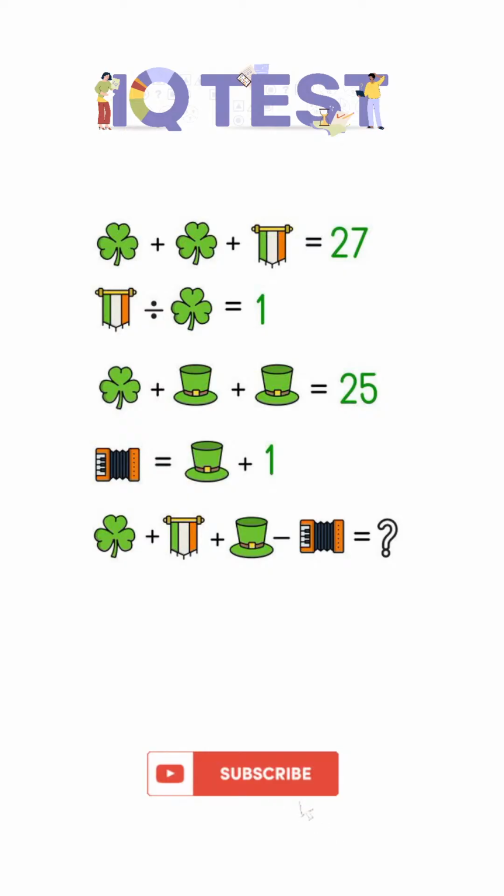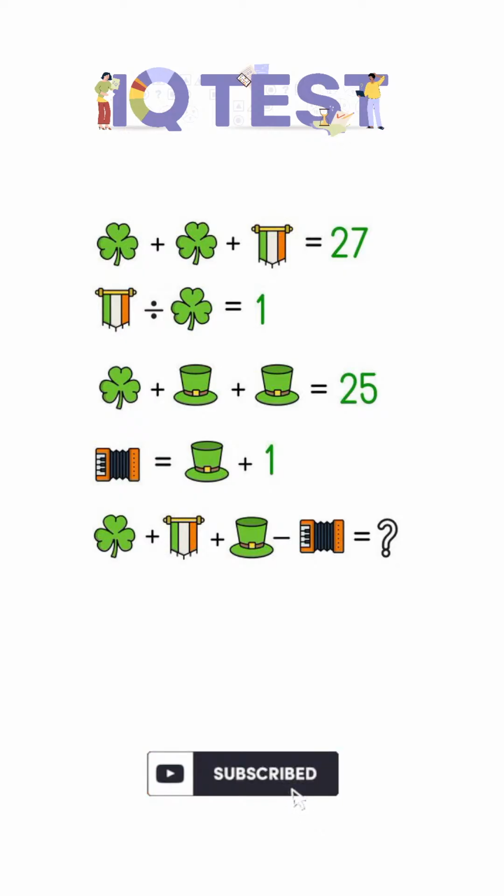Okay, so 8 is for the heart. So that will be 8 plus 8 plus the 9. And that will give us, yes, so the heart is indeed 8. I agree.